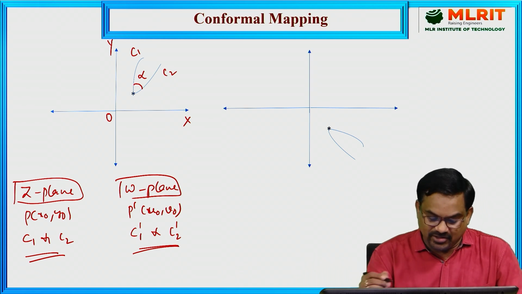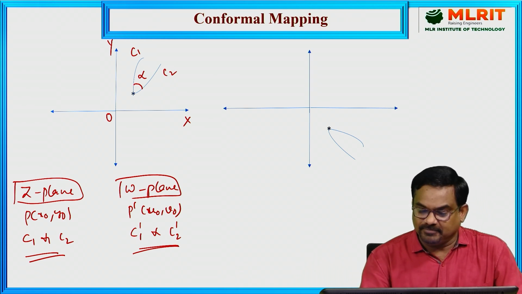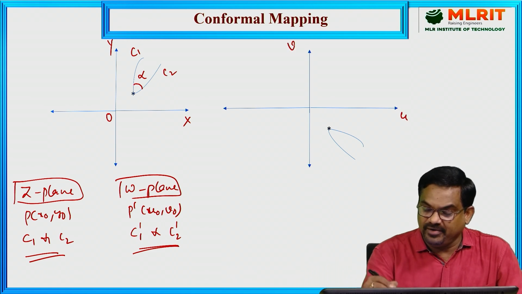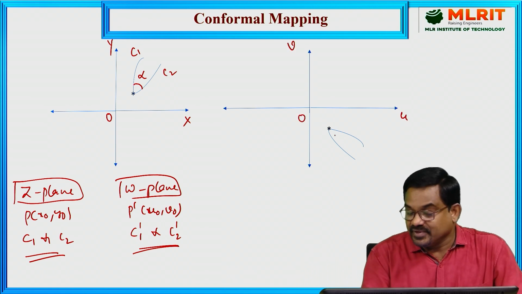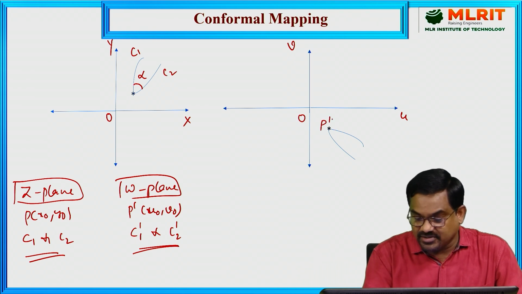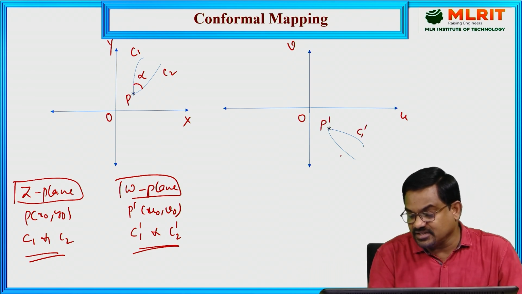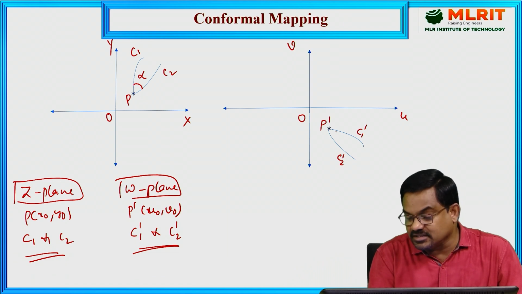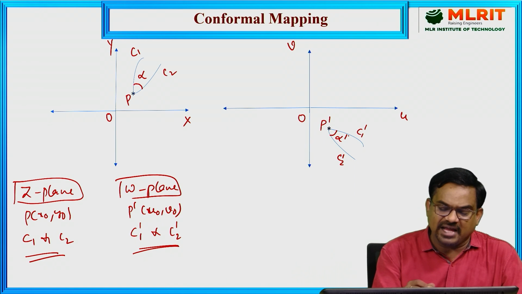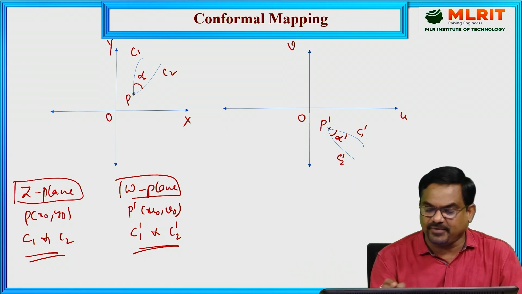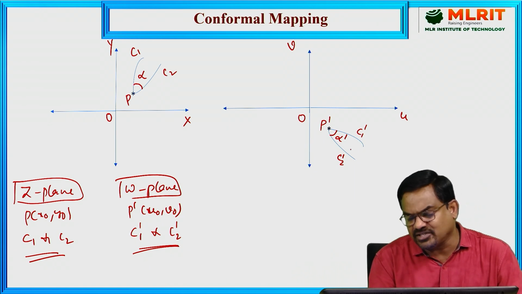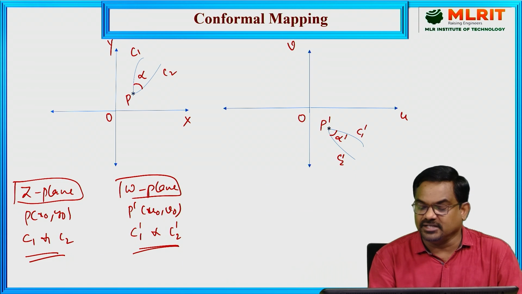Then coming to the W plane, this is u, v, and this is the point P dash. Now these are the curves C1 dash, C2 dash, and let us consider this angle be alpha dash. So the angle between the two curves C1 and C2 is alpha, and the angle between C1 dash and C2 dash in the W plane is alpha dash.